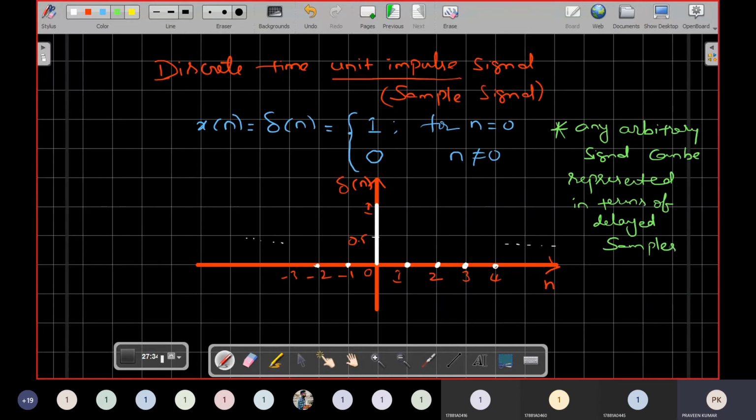You may take even the remaining basic signals. You may take the step signal, that is also represented in terms of impulse. You can take the ramp signal, that also can be represented in terms of impulse. Even the exponential, sinusoidal, any arbitrary signal. Take any kind of signals, those are represented in terms of impulse signal. That is the unique feature of the impulse signal. That is the reason we are treating the impulse signal as one of the basic signals.